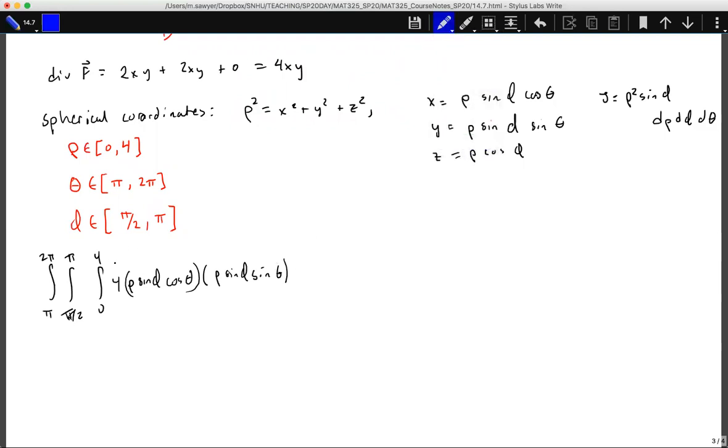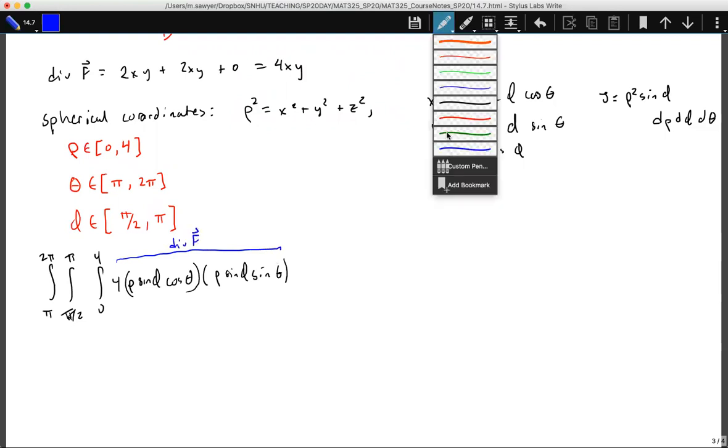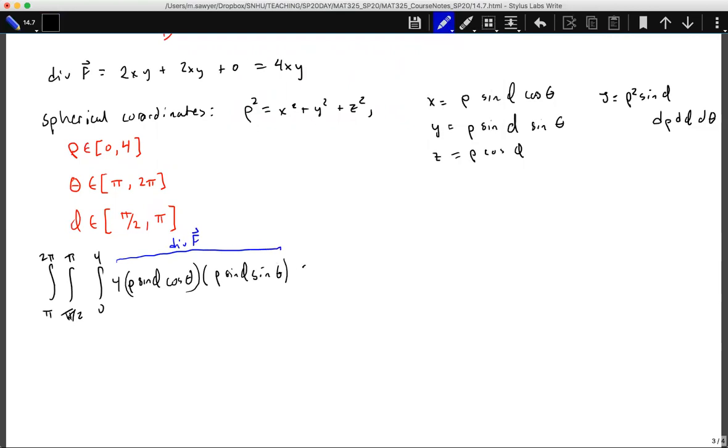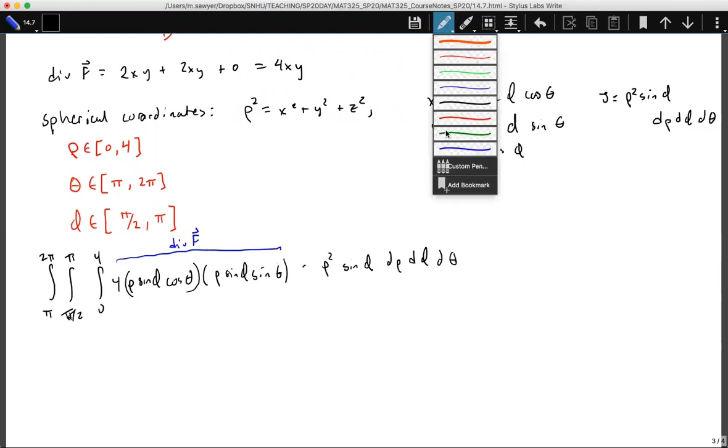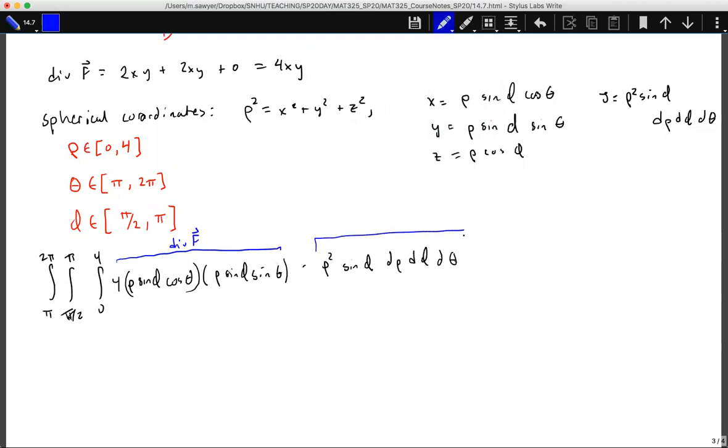This is the divergence of F. And then we multiply by the Jacobian, rho squared sine of phi d rho d phi d theta.